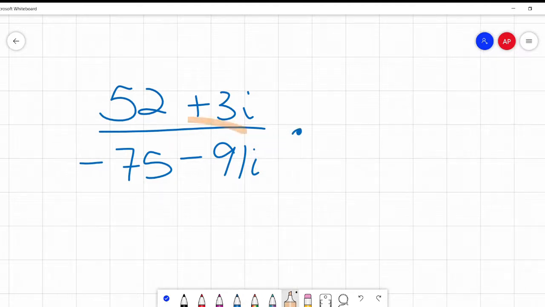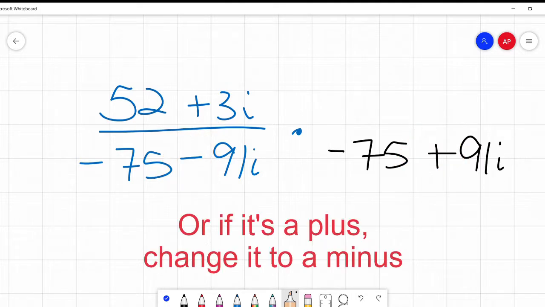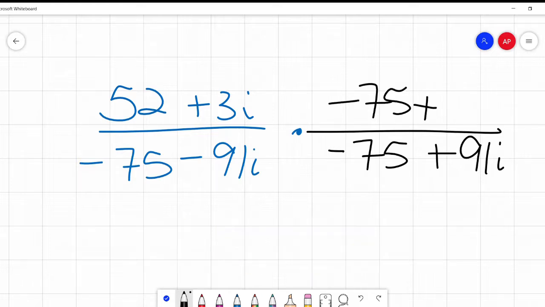You're going to look at the bottom. You're going to change the sign in the middle. You're not changing this sign. You're just changing this middle from a minus to a plus. And then you're going to multiply it by the same thing on top because that's like multiplying by the number 1. It's going to cancel things out.